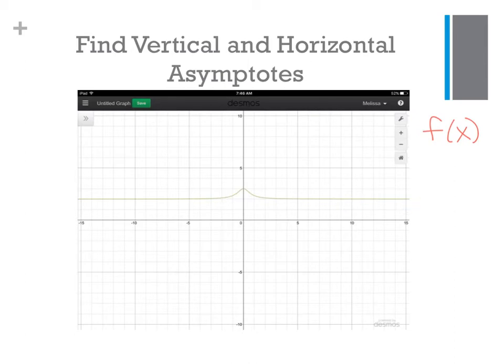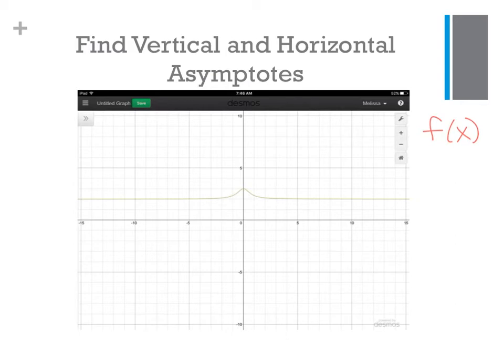We never have to lift up our pencil, which means our domain is all real numbers. So again, our domain stretches from negative infinity all the way to positive infinity, which means that there's no vertical asymptotes on our graph. There's no break or vertical asymptote.